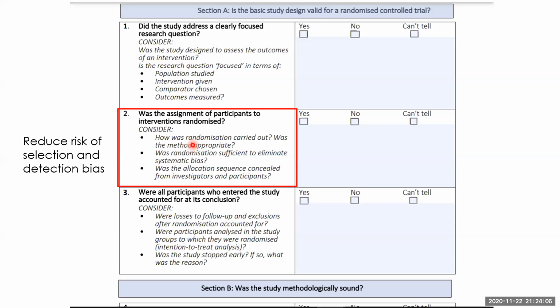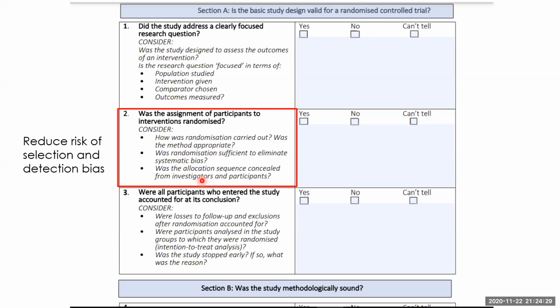And also detection bias, that when we do allocation sequence, meaning randomizing the allocation of patients using a sequence generated by computer, this allocation sequence should be concealed from investigators and participants.